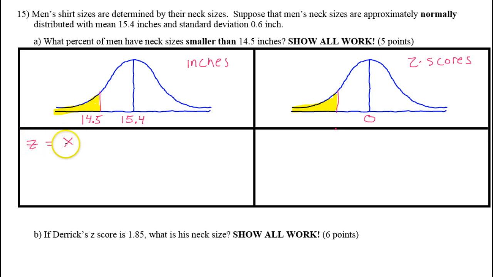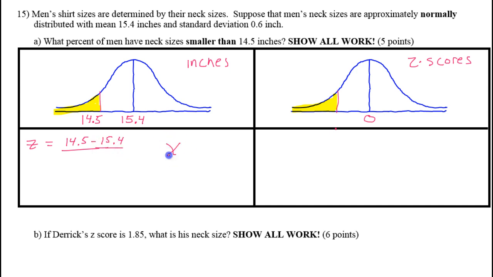Z-score is always a specific value minus the mean divided by the standard deviation. So substituting that in, if I want to know what percentage of values are below 14.5, then the 14.5 goes here, the specific value. And then it's supposed to be minus the mean, so that'll be minus 15.4.